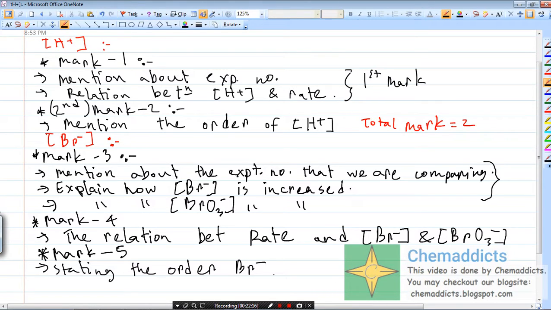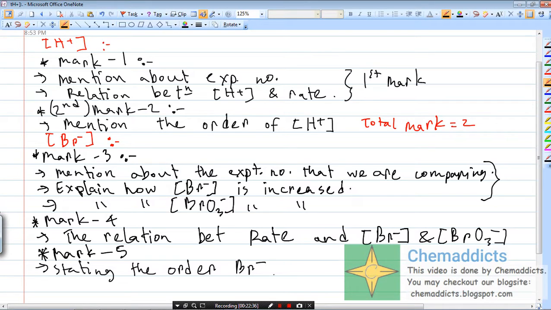For the second mark we should mention the order of H plus. So the total mark for H plus is 2. Here is the third mark: mention the experiment number that we are comparing, explain how bromide is increased, explain how bromate 5 is increased.